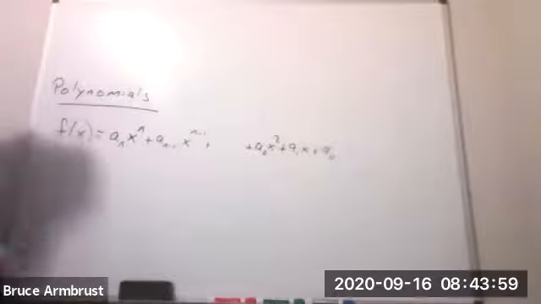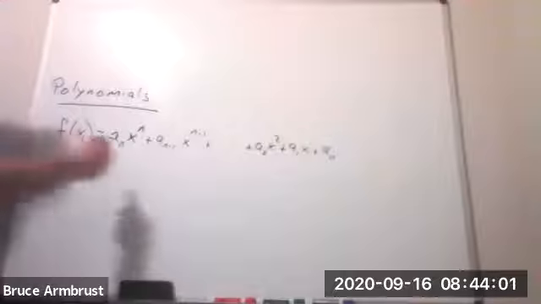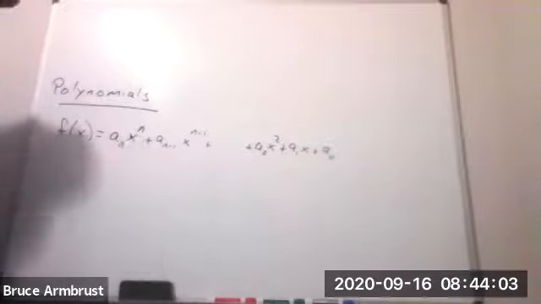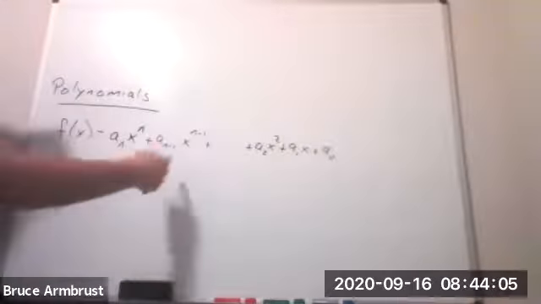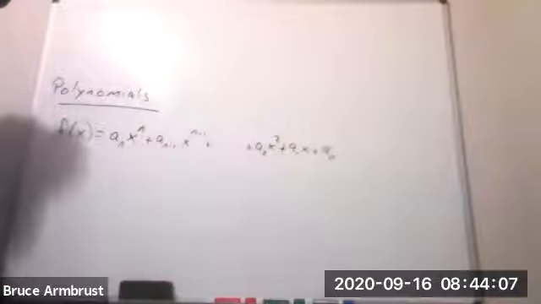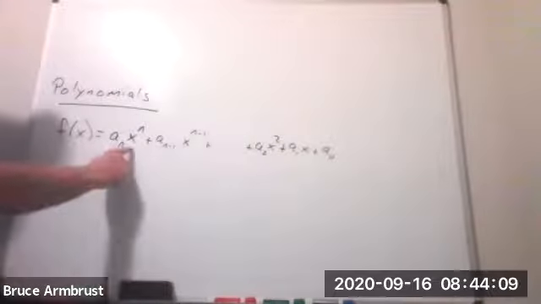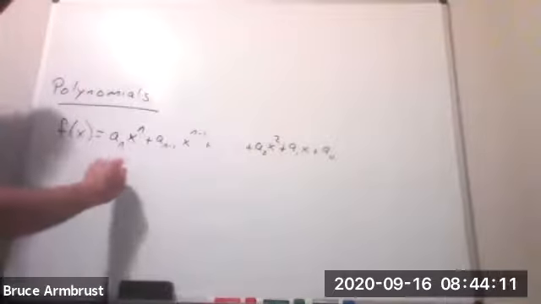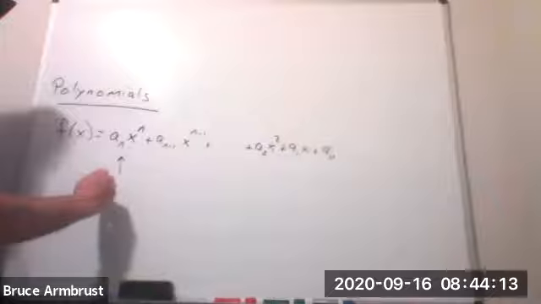Now, some important things about polynomials: it is just a sum or difference of terms, and those terms are different powers of x. There is a highest one, and this one out here, we call the leading term.